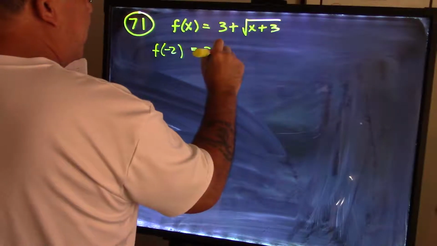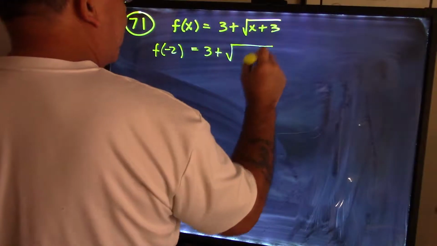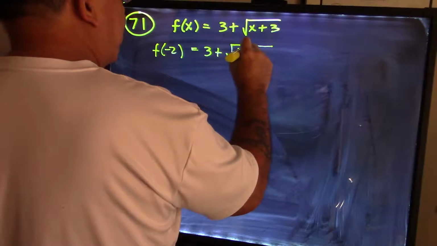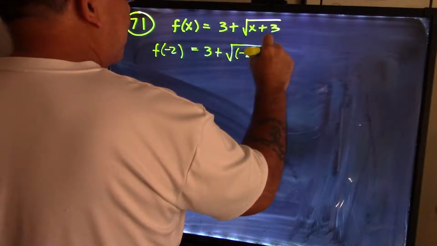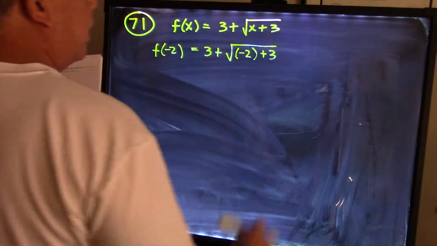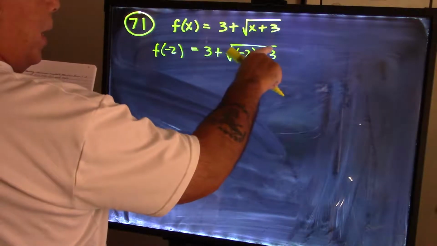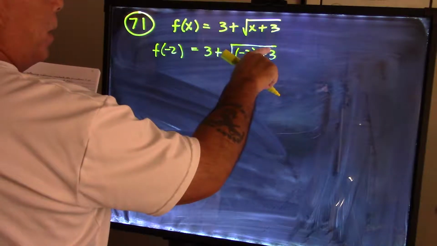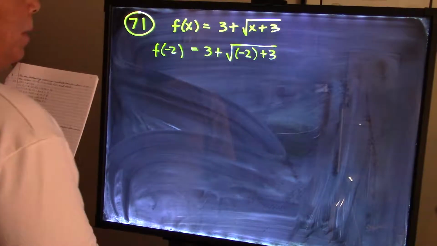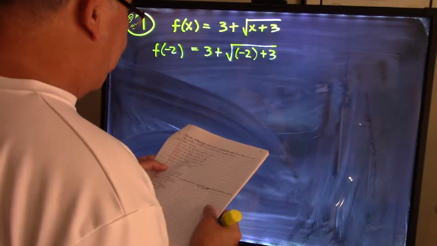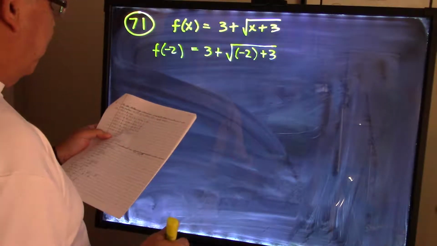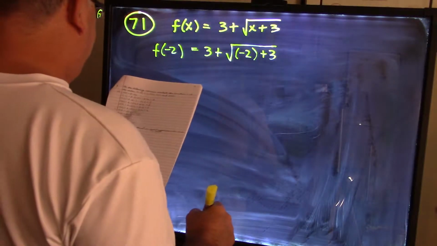That's 3 plus the square root of negative 2 in place of the x, plus 3. Be sure that radical sign extends all the way across over the plus 3 as well. So you know you're including that in the radicand, or under the radical.